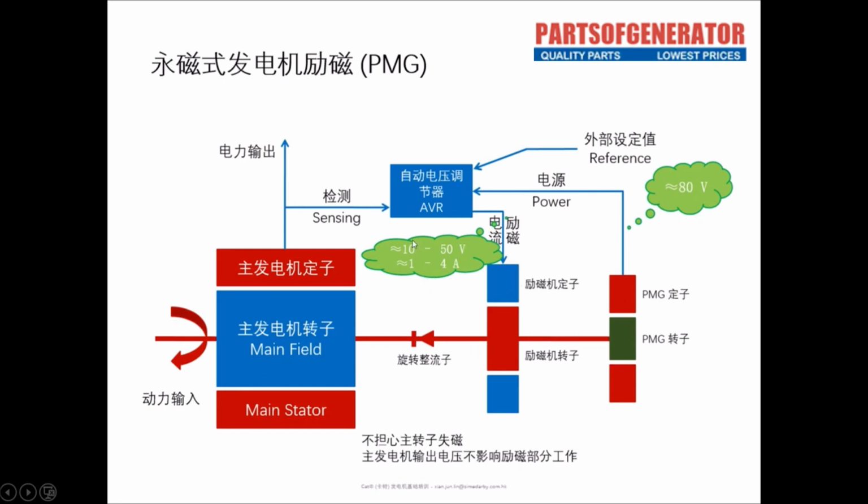When AC power is supplied, there will be a rectifier module inside the AVR, converting it to DC for use by the AVR. Then the output of the AVR is output to the stator of the exciter generator.